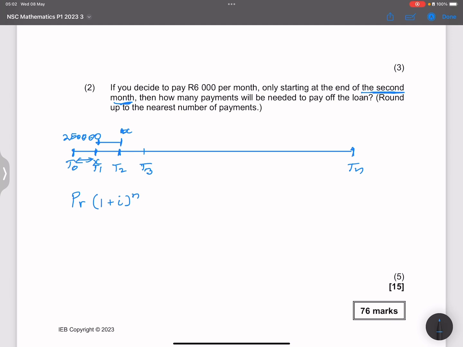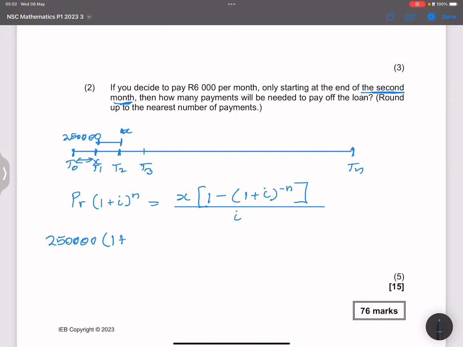In this case, we want to know how many payments it will take when we pay 6,000. So the formula is PV equals payment times 1 minus (1 plus i) to the power minus n, divided by i. So 250,000 times the interest for a month.